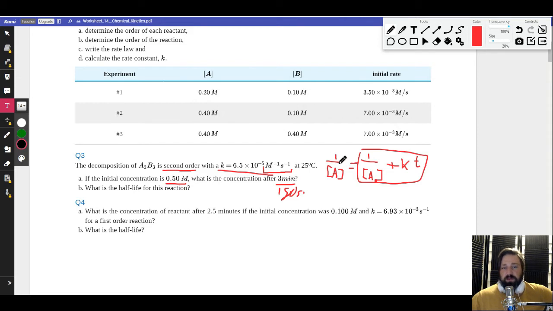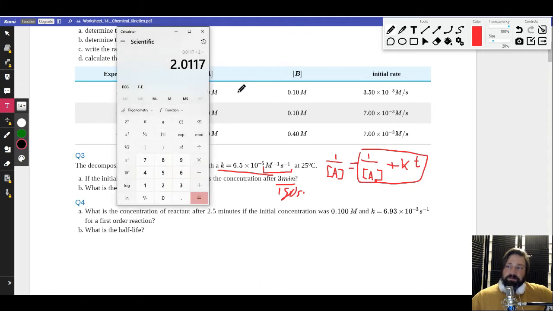Okay. So I've taken care of all of this. So we know that the reciprocal of the concentration of A equals this. So to get A, we just need to take the reciprocal of it, and we get 0.597. This makes sense. It went down by a little bit.